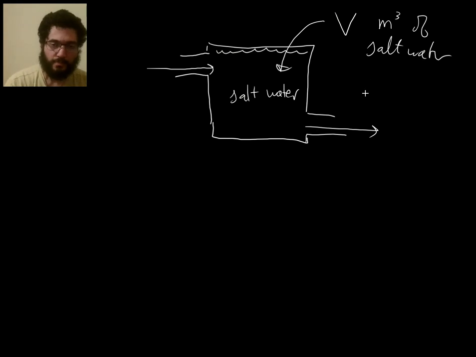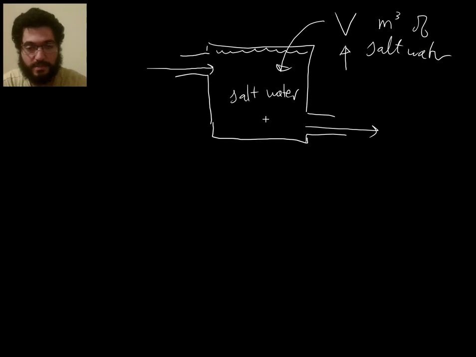So initially, at least for now, later in the course we'll make this more complicated, but for now, let's assume that this V is a constant. So the total volume of salt water here doesn't increase or decrease. To guarantee that, I need the flow rates of liquid in and out to be equal, so that the total volume of water here doesn't change.